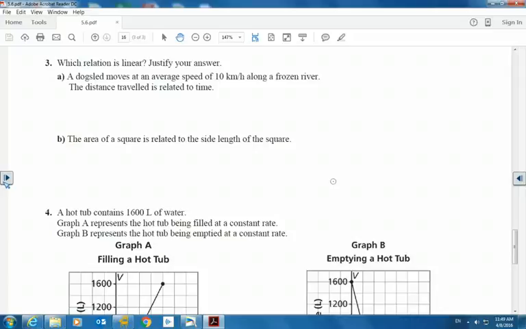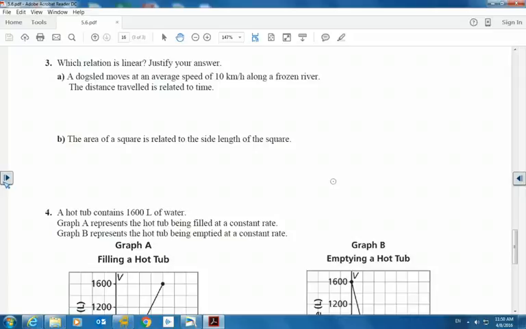So if we're given speed, how can we figure out the distance that's traveled when we're looking at time? Distance, velocity, time, okay, sure. What does that mean? Okay, so the distance traveled is the speed times the time.